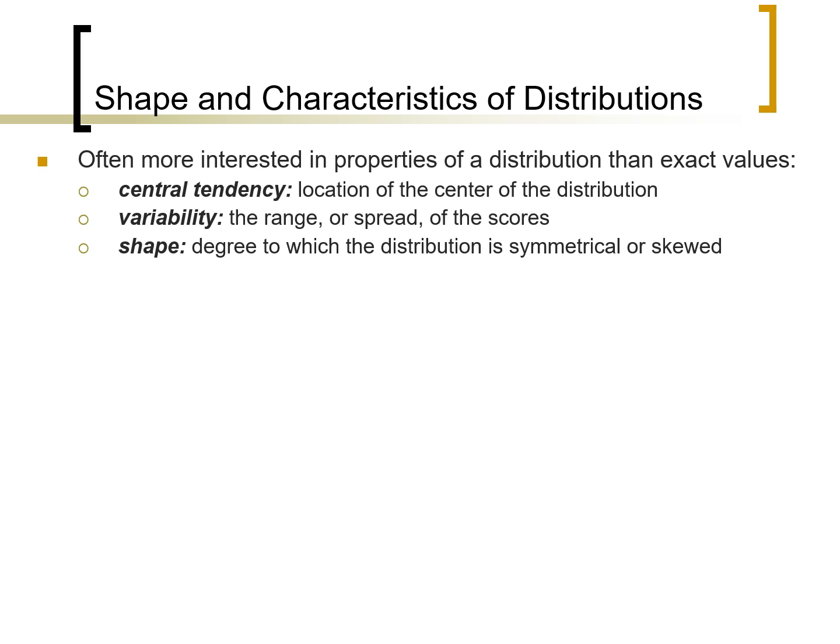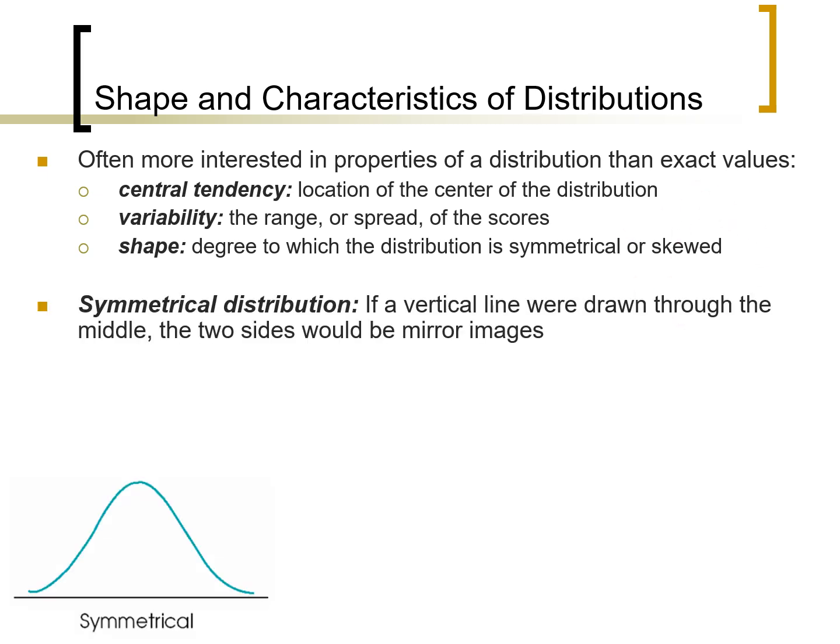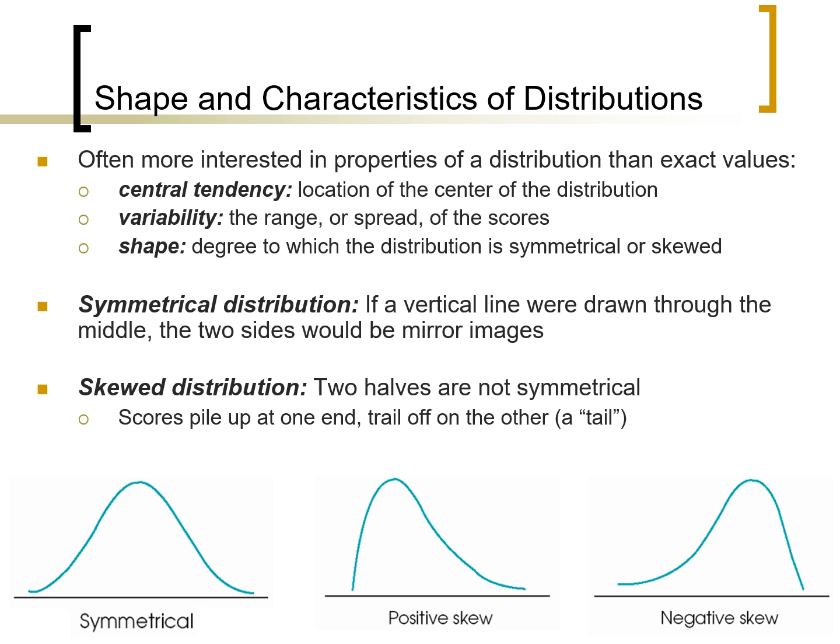One of the big questions is, is it symmetrical and normal, or is it skewed or asymmetrical? First of all, we have what's known as a symmetrical distribution. Again, high in the middle, and that peak is right in the exact middle. You cut it in half at that peak, and you fold it over, and they line up perfectly. That's a symmetrical distribution, and it would be a mirror image if you cut it in the middle.